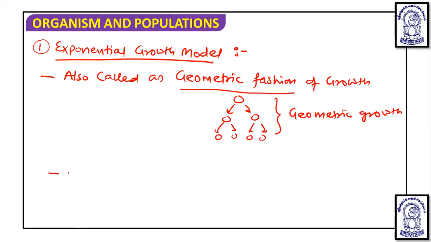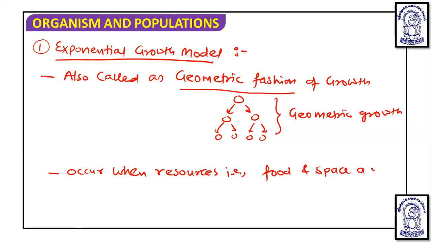So exponential growth model or geometric growth occurs when resources, that is food and space, are unlimited.